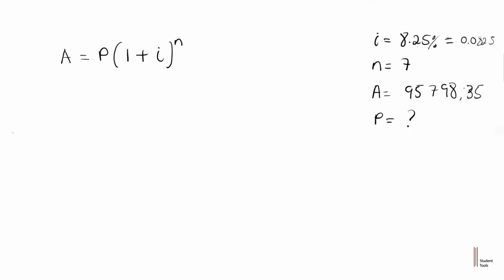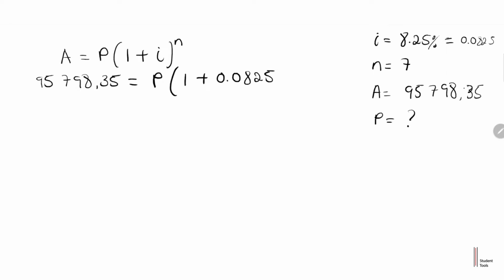So for the accumulated amount, we have 95,798 and 35 cents. That is equal to the principal amount, multiplied by 1 plus the interest, which is 0.0825. So one might ask, where are we getting that 0.0825?